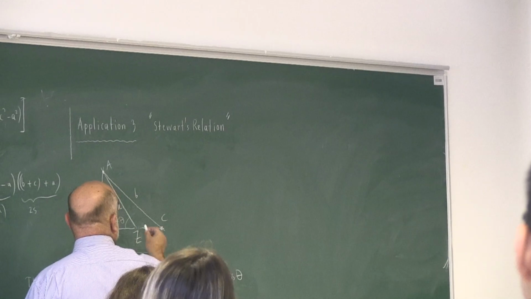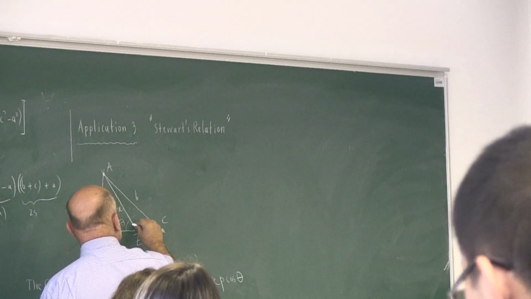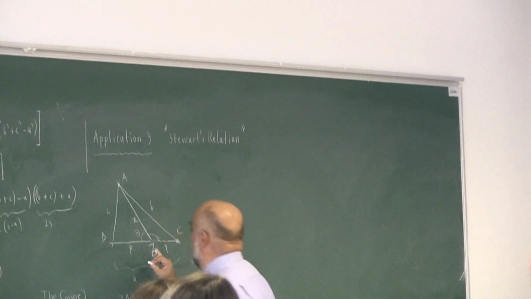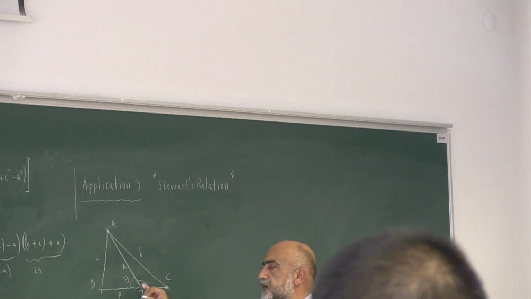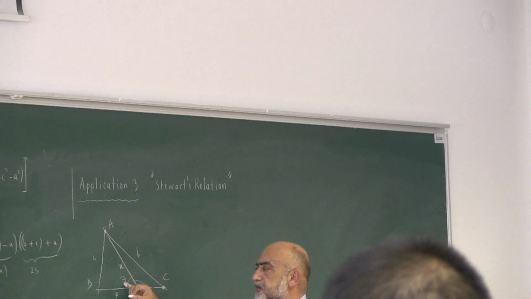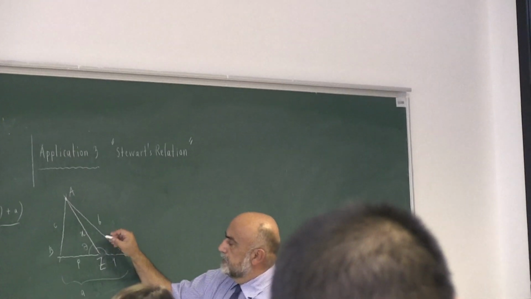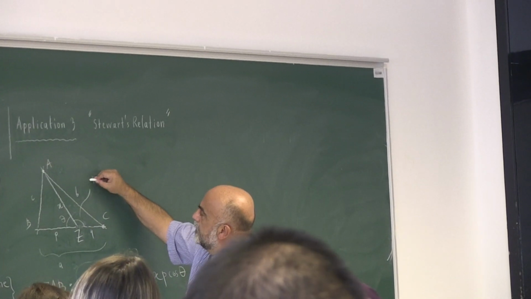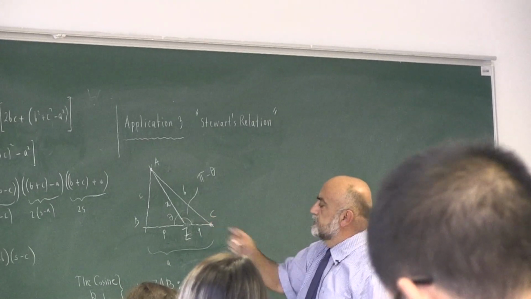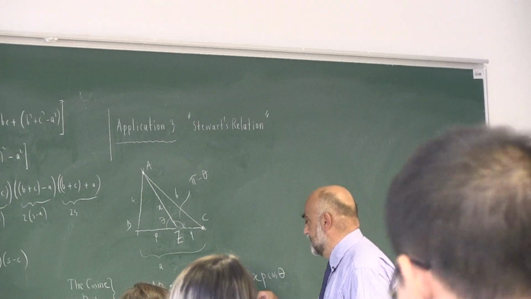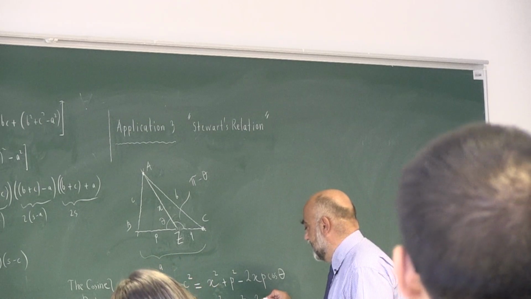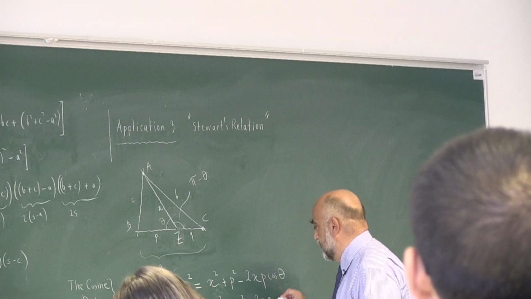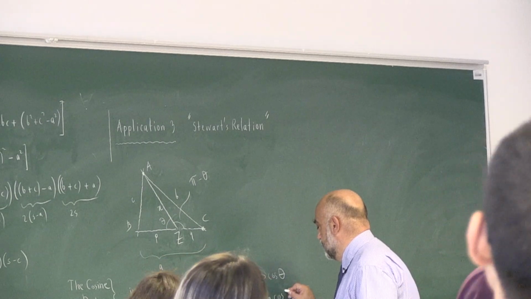Now, here comes the thing. The angle at the vertex Z of the triangle ZCA is the angle that complements theta, that's to say, pi minus theta. So its cosine is exactly the same, except that it changes sign. So it is plus 2XQ cosine theta.